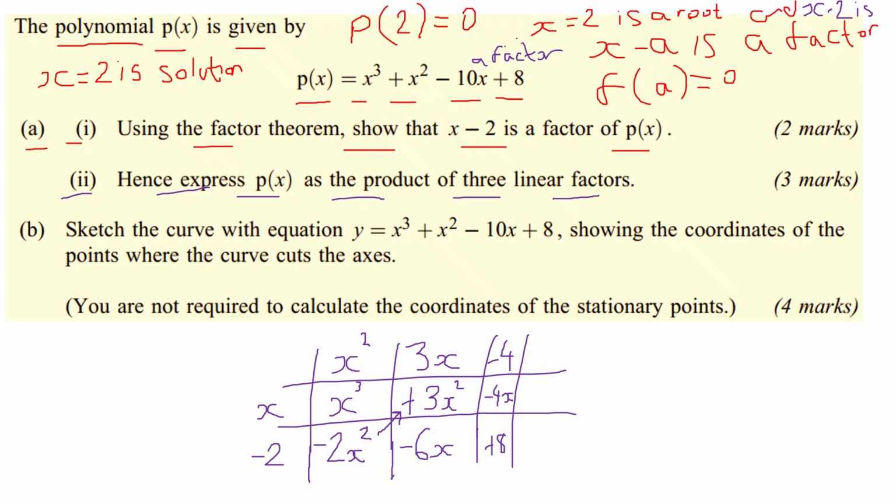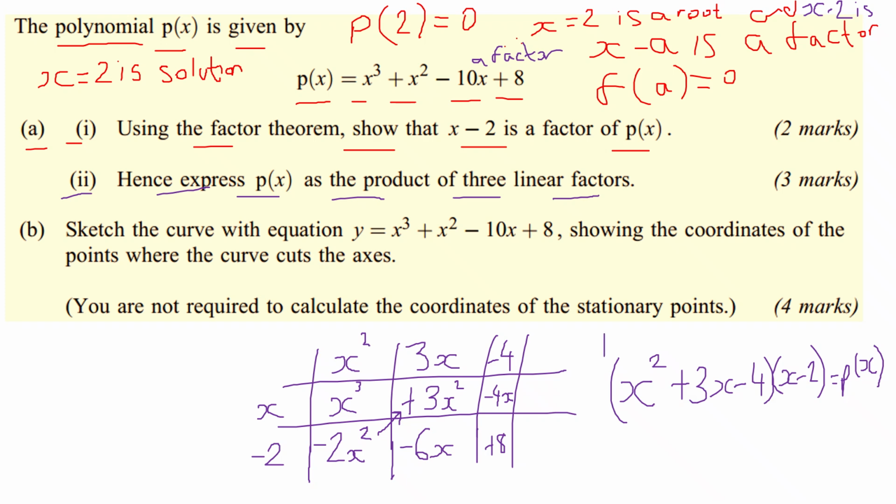So we can stop there, and say that our quadratic is x squared plus 3x minus 4, and when we multiply that by x minus 2, we get p of x.